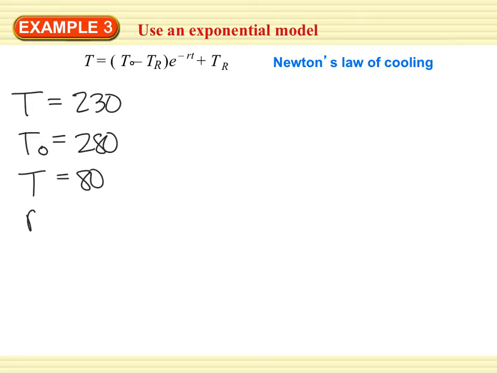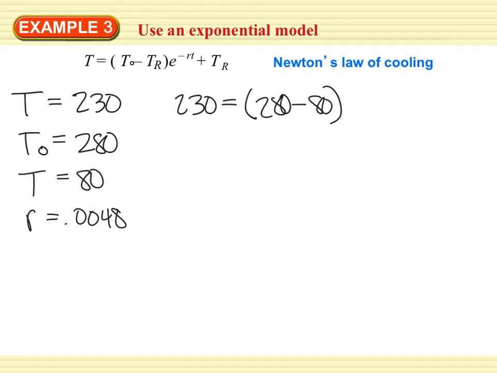We have R is 0.0048, and I think that's it. Let's plug it in. So 230 equals 280 minus 80, e to the negative 0.0048 t plus 80.